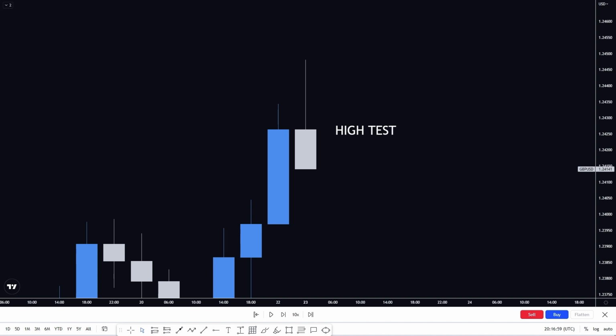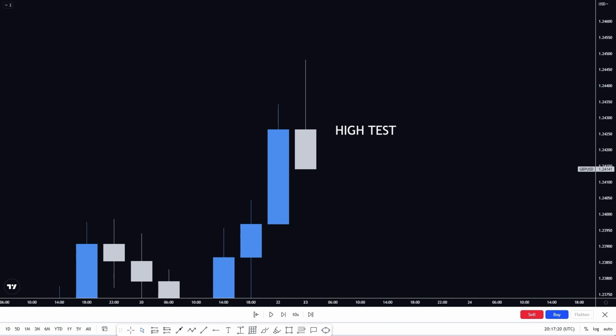Now, why is this a high test candle? Similar to the low test candle, we now have a wick in the upward direction, and then we have a smaller body in the lower half of the candle. If we were looking at an upward moving market, what we would be able to identify is that price is now rejecting this level.